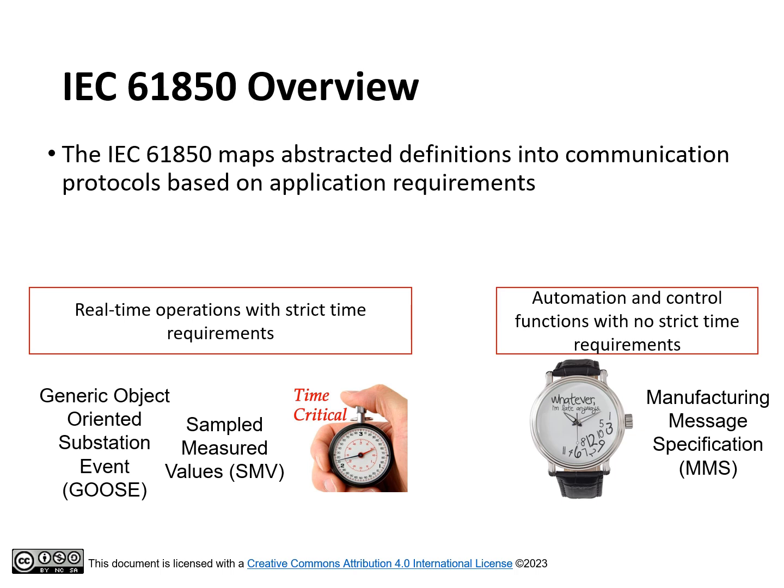Both GOOSE and SMV are layer 2 protocols. For automation and control functions with no strict time requirement, IEC 61850 utilizes the Manufacturing Messaging Specification, MMS, protocol. MMS is a layer 3 protocol.